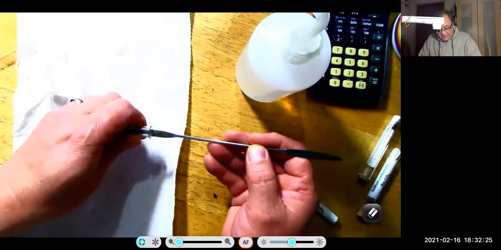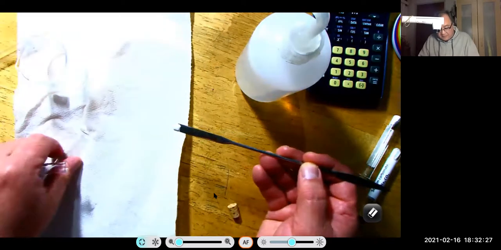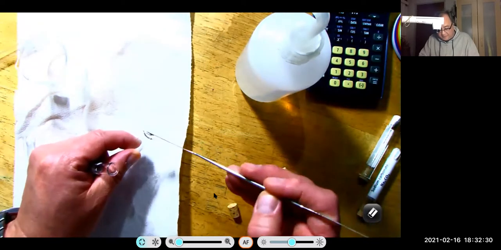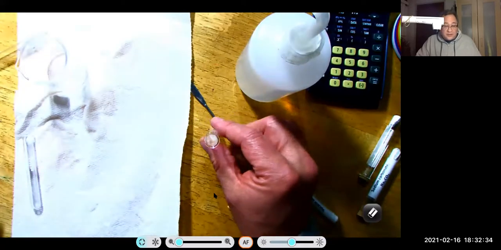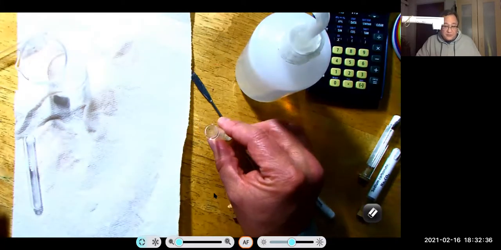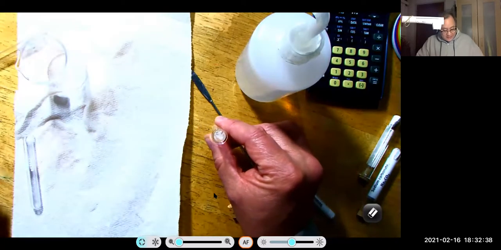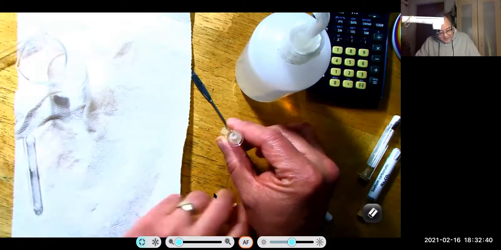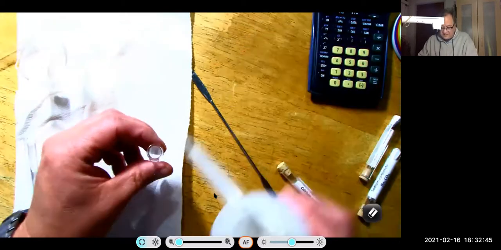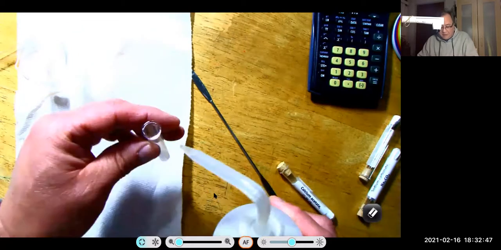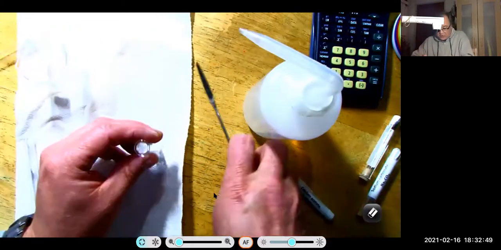I'm taking a little bit of the solid and I'm putting it into the test tube. When you look in the bottom, you can see the white powder in the bottom of that test tube. And now I'm going to add a little bit of water to that. About the same amount of water I added to the other one. And I'm going to twirl this again.